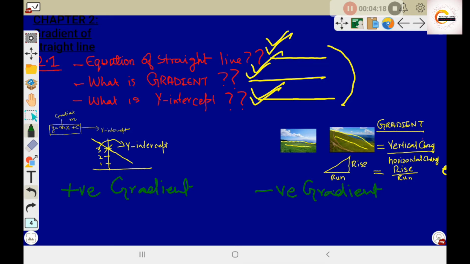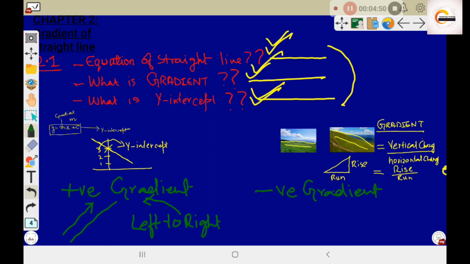Positive gradient is when a slope or a straight line moves upward from left to right. It's very important to remember this. So when the line moves in an upward direction from left to right, it is positive gradient. The gradient of this line will be positive.